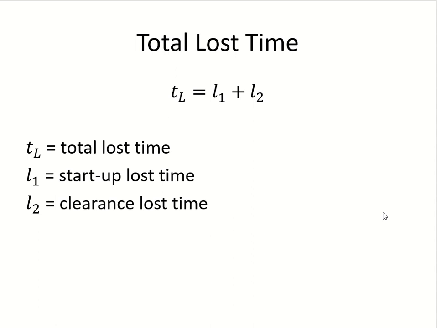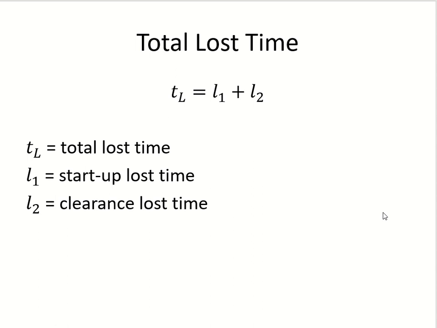It will become red, then until the movement is stopped, it's the clearance loss time. Movement is already stopped. So when one movement is stopped at the stop line, and the next movement begins from the other point, for the other phase, that is the clearance loss time.